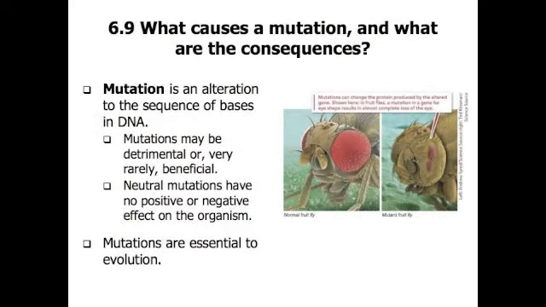Moving on. Through the processes of transcription and translation, an organism converts the information held in its genes into the proteins necessary for life. But the process is only as good as the organism's underlying genetic information. Sometimes, something alters the sequence of bases in an organism's DNA.